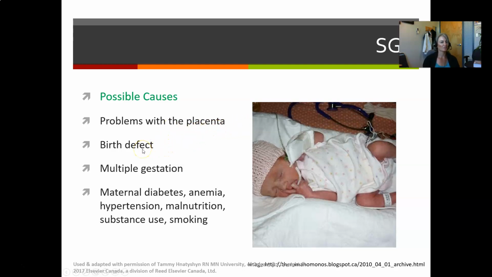Is there some kind of underlying birth defect that doesn't allow optimal growth and development? Were they twins or triplets or quadruplets? Was there anything going on with mom that would impact blood flow to the placenta or the quality of nutrients in the blood and how it's crossing over from the placenta to the fetus? So, all of these things can certainly have impact and are a lot of our common reasons for small for gestational age newborns.